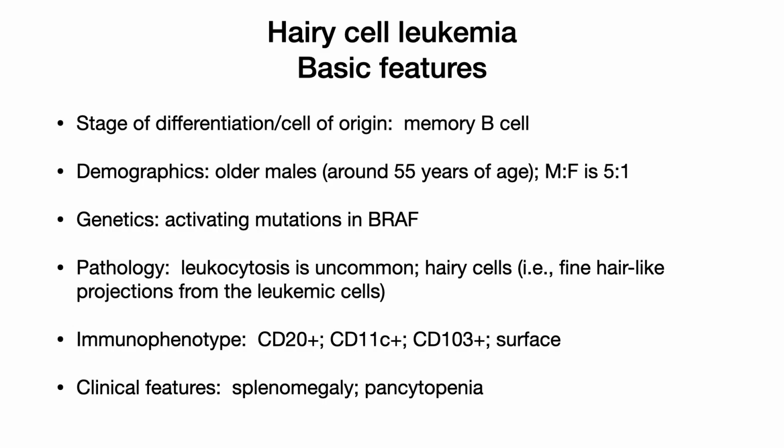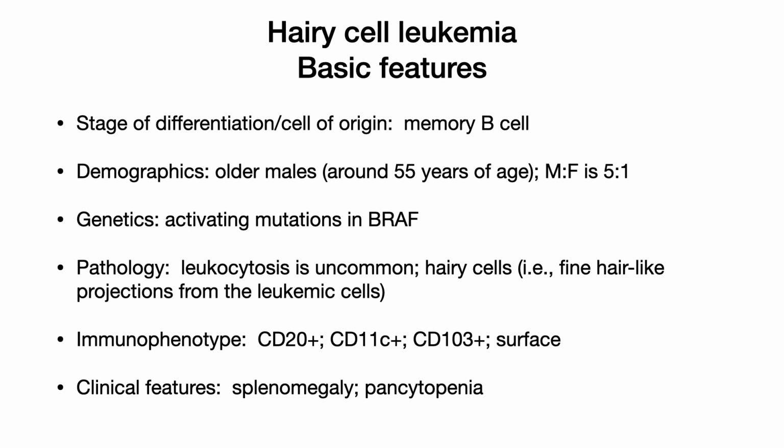Okay, hairy cell leukemia. This one has a fairly classic presentation. It's usually found in older males. They get a pancytopenia, so all the hematopoietic cell lines are decreased, and splenomegaly. The pathology is very characteristic: the hairy cells. You see elongated hair-like fibers from the neoplastic cells.